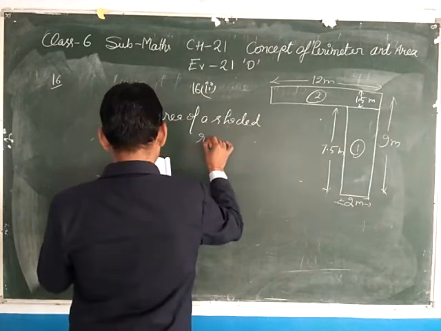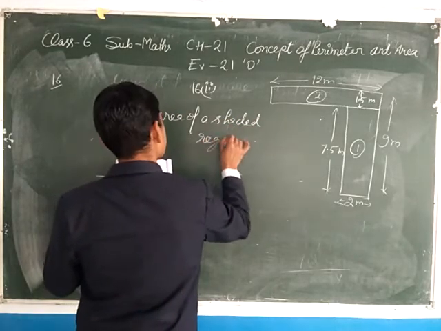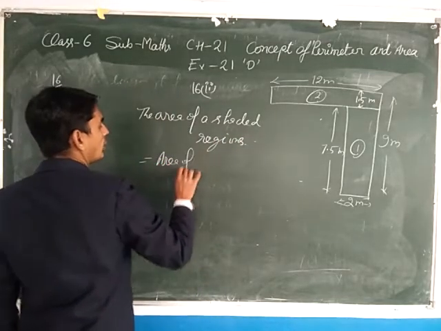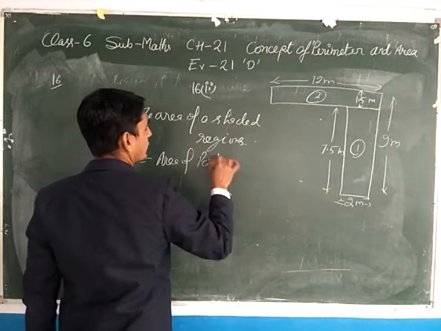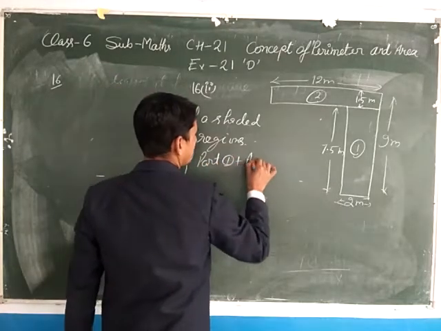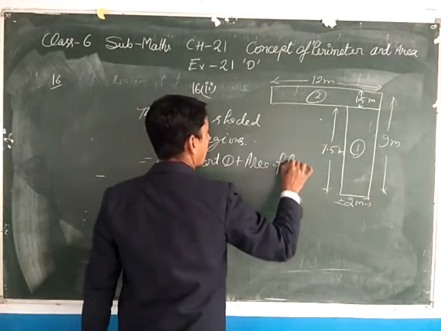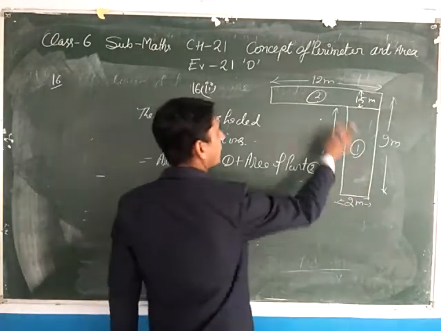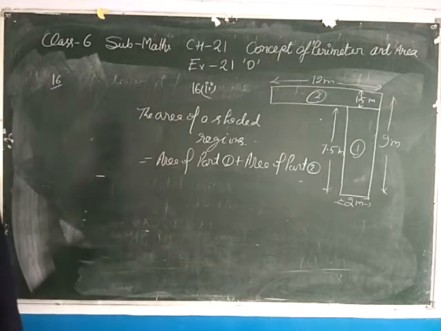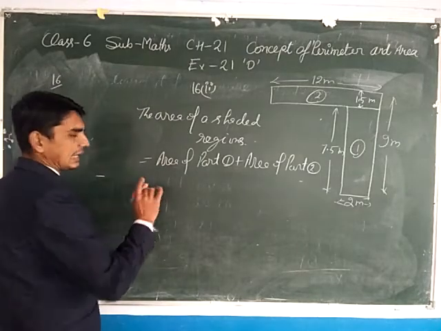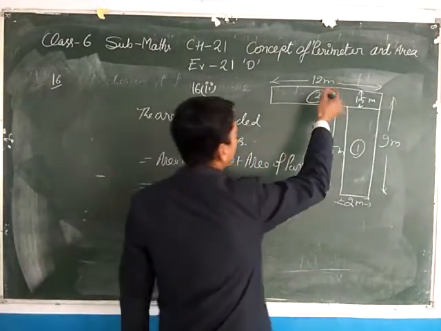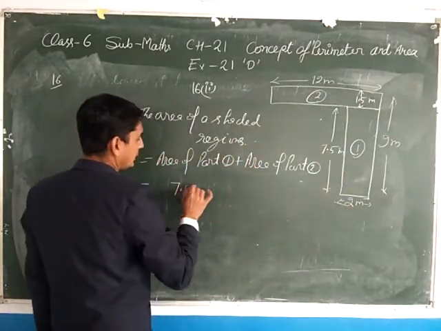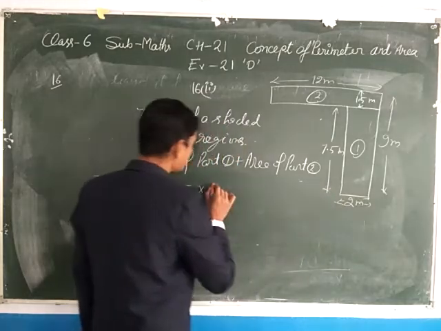Suppose this is one rectangle and this is the second rectangle, and the area of the shaded region equals area of part 1 plus area of part 2. Clear students? Both are rectangles, and you know very well the area of a rectangle is length multiplied by breadth. So for this part length is 7.5 multiply breadth 2.